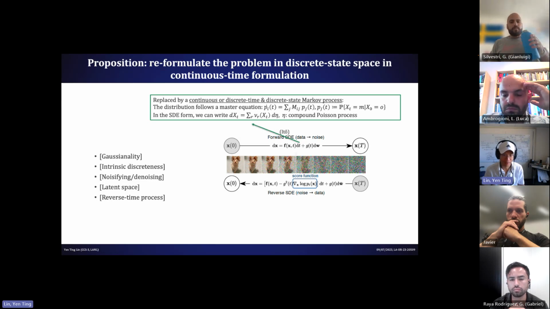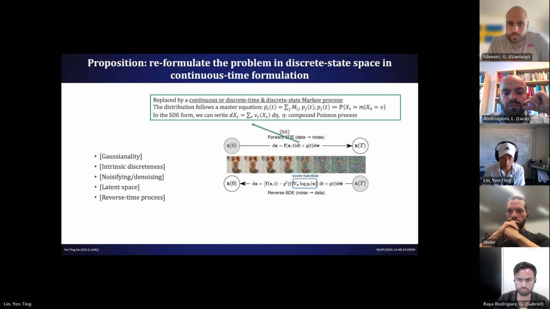There exists an SDE formulation for jump processes, and when you write it down, it's somewhat similar to your typical SDE, where you write down the dW, the standard Wiener process, but here it is a standard compound Poisson process, right? Because things jump between 0 and 1, so that's the fundamental noise there.